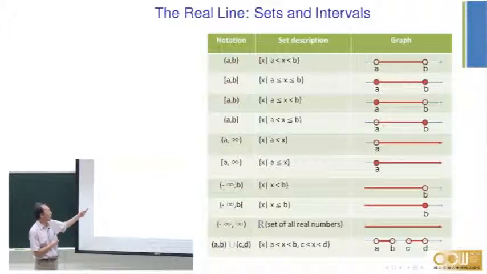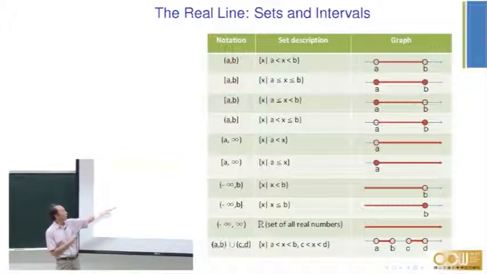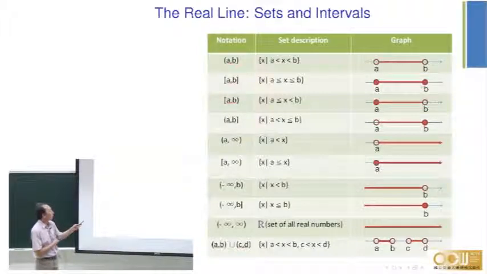This one is left closed, right open, and this one is left open, right closed. We use the notation (a, infinity) to represent the open ray, so it goes to the right infinitely. We have only one endpoint a, which is excluded from our set, and we use a closed bracket to represent the closed ray.